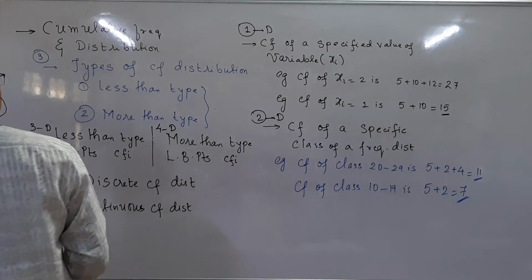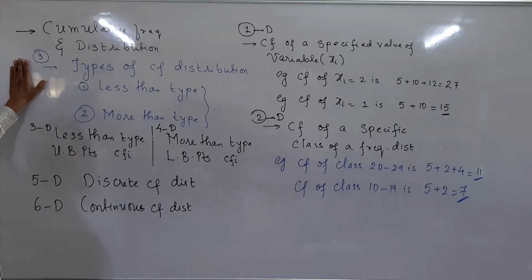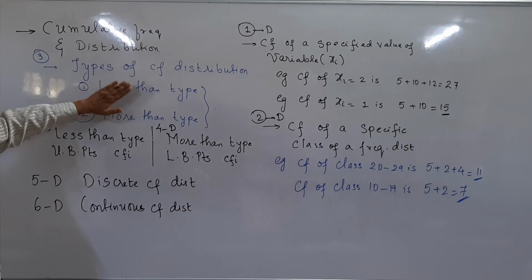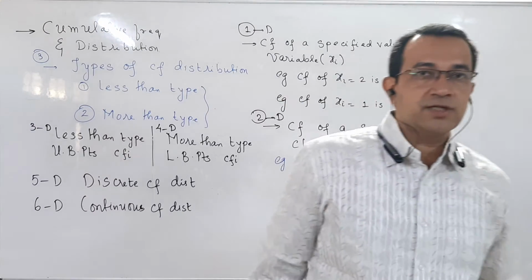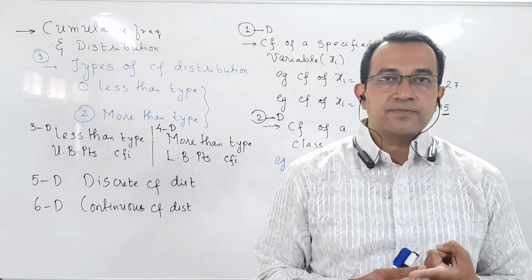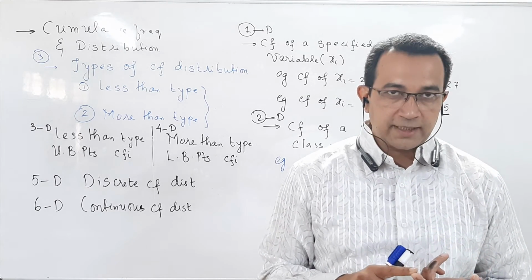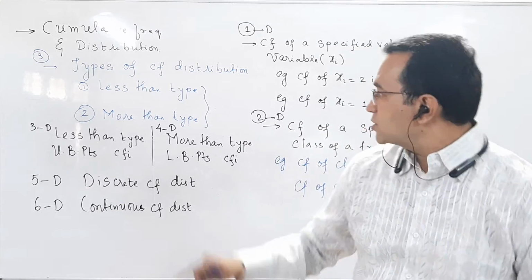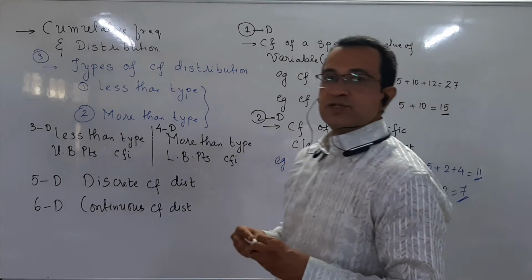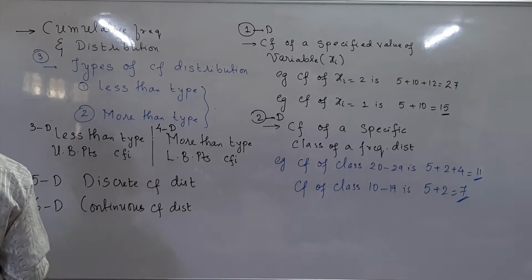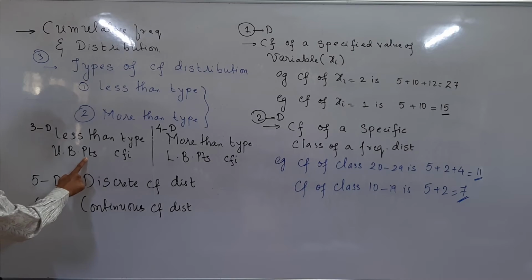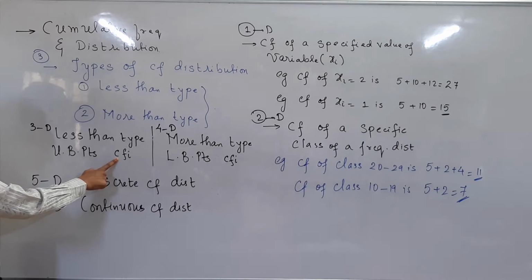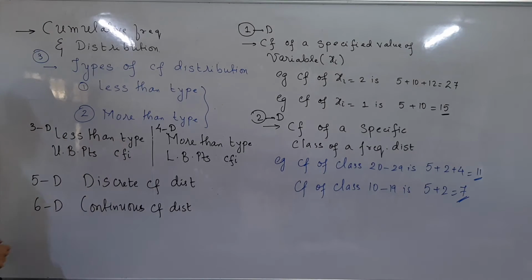Next concept was, this is not a definition, this is a concept. Types of cumulative frequency distribution. We have 2 types of cumulative frequency distribution. First is less than type and second is more than type. Now, what is the definition of less than type cumulative frequency distribution if classes are given? A cumulative frequency distribution involving upper boundary points and corresponding cumulative frequencies is called less than type cumulative frequency distribution.